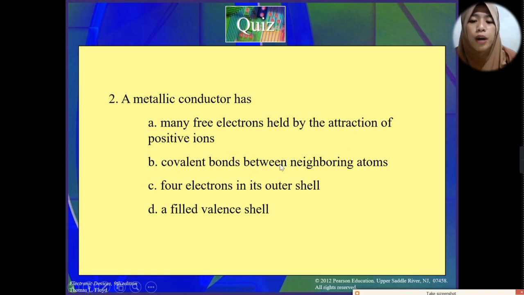Letter B, covalent bonds between neighboring atoms. Letter C, 4 electrons in its outer shell. Letter D, a filled valence shell. So, the answer here is letter A, many free electrons held by the attraction of the positive ions. We know that a conductor has free electrons that can move freely.